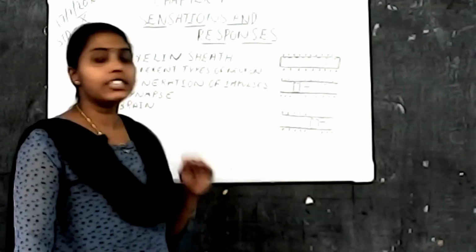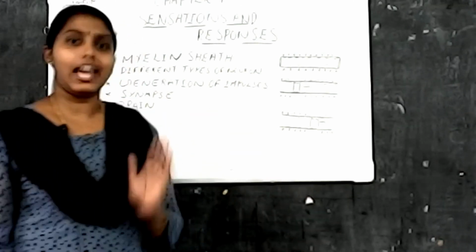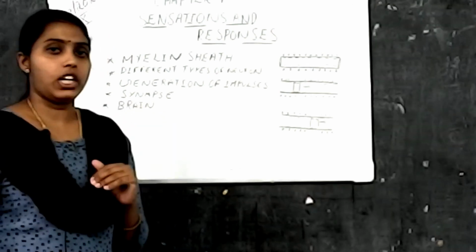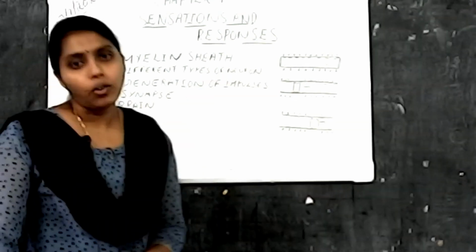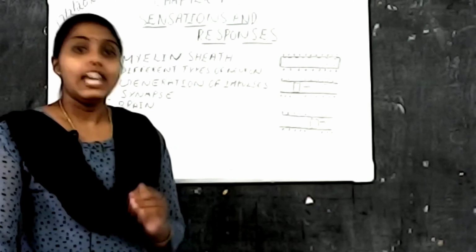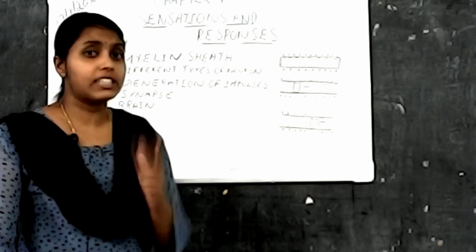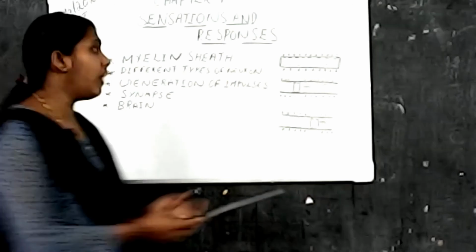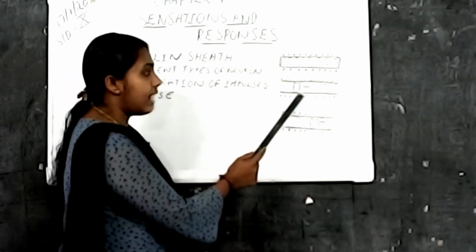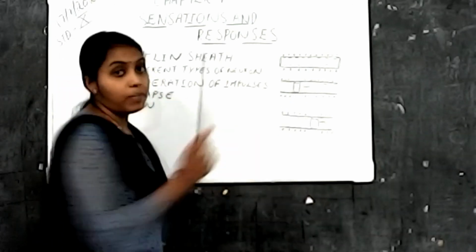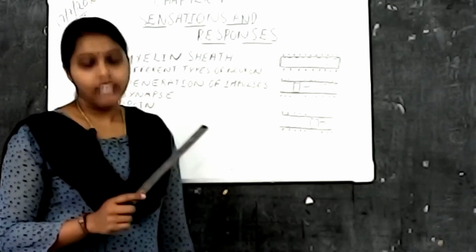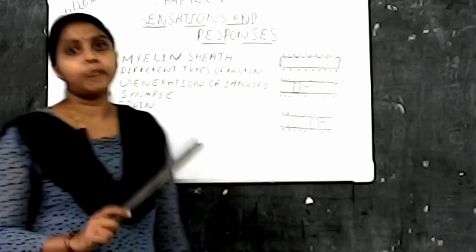So the charge distribution in a normal axon is positively charged outside and negatively charged inside. But when a stimulus reaches, enters into the axon from the cell body, the message is moving to the axon.